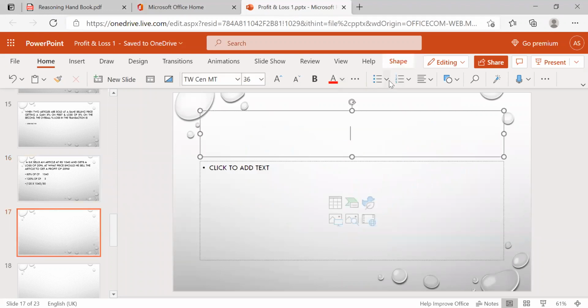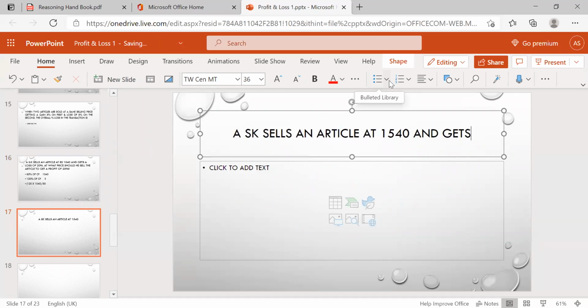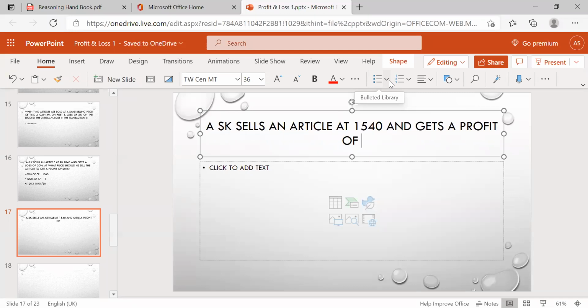Now, question for you. A shopkeeper sells an article at 1540 and gets a profit of 10%.